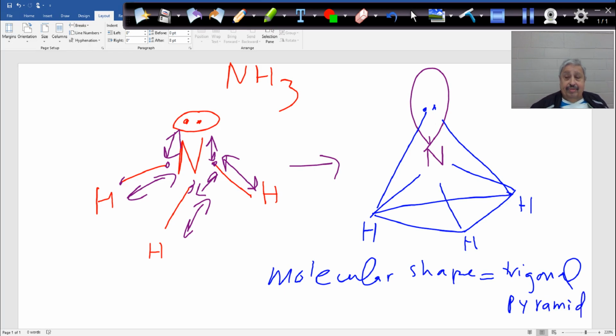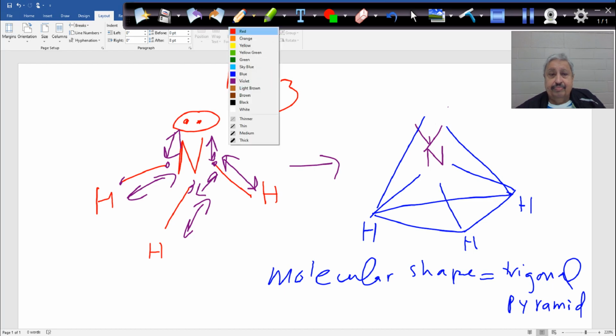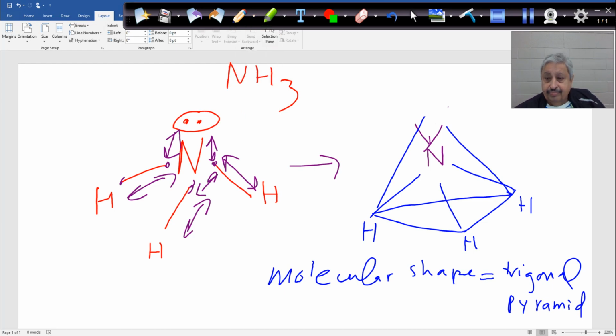However, the trigonal pyramid does not count the lone pair. It's not counting, like it is not there.